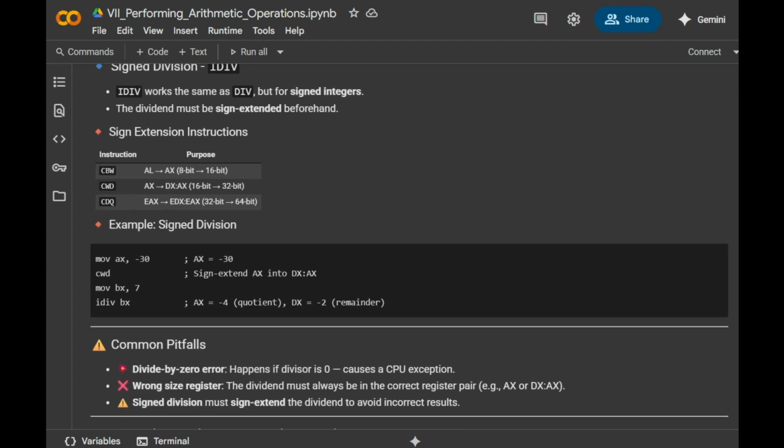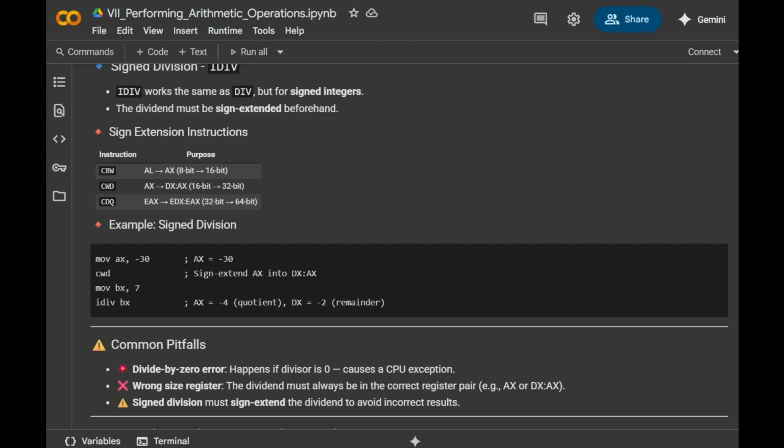CBW sign extends a byte in AL to a word in AX. CWD extends a word in AX to a double word in DX:AX. And CDQ extends a double word in EAX to a quad word in EDX:EAX.